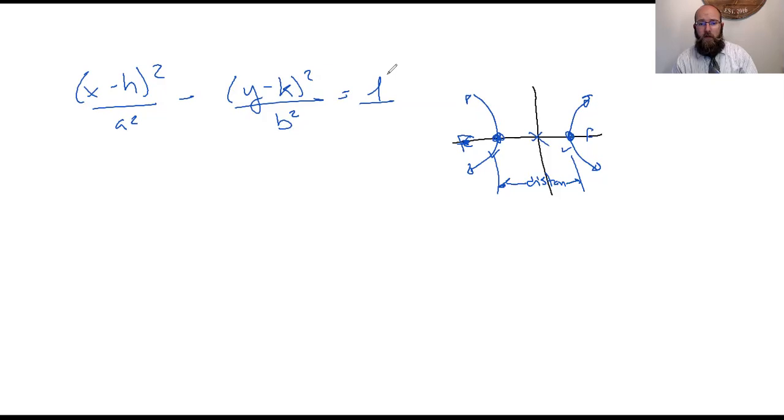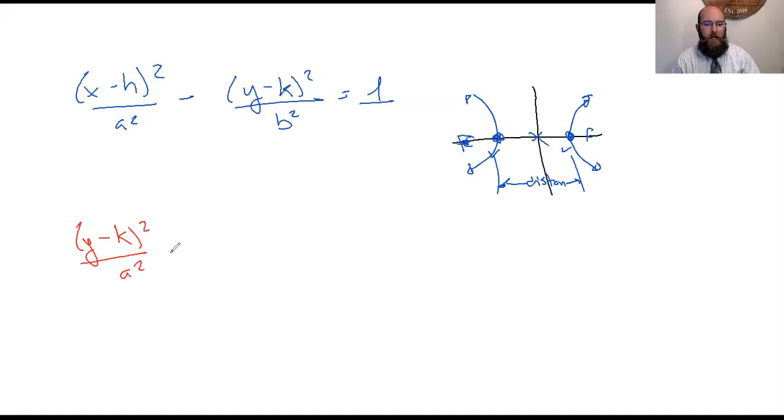But I also have a different version of this, right? I have the one where y comes first. With ellipses, it didn't matter which one really came first because they were addition, and we have the commutative property of addition.